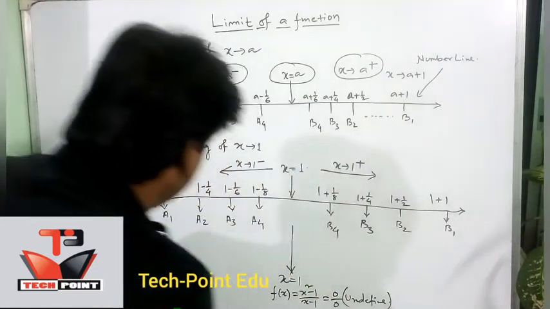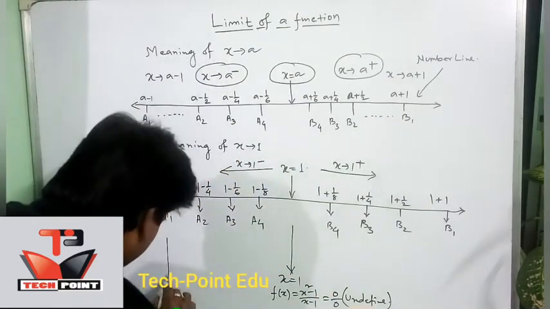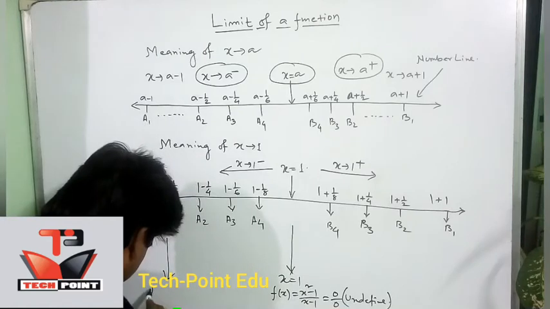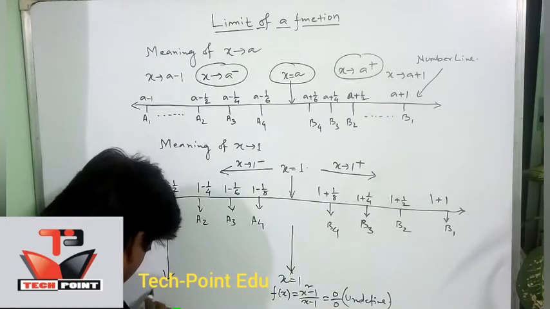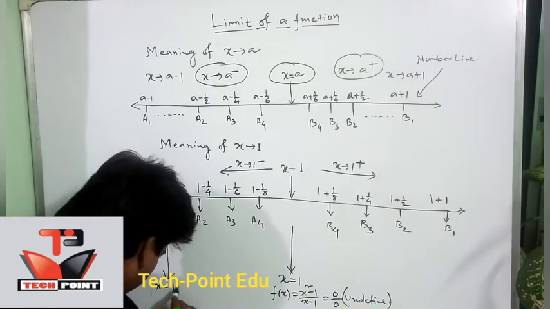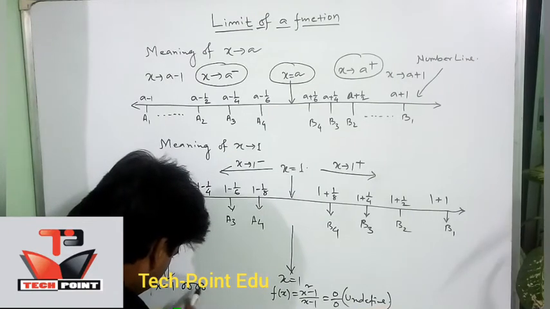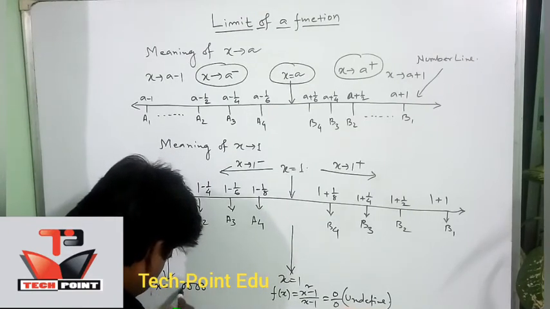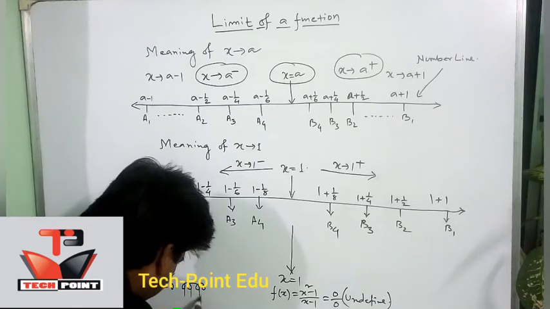But we were getting the value in these places when x is equal to 1.0000, 0.9999.